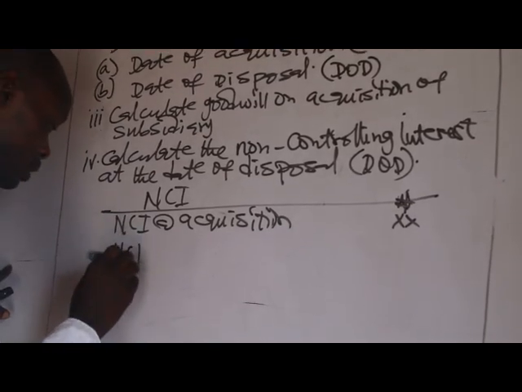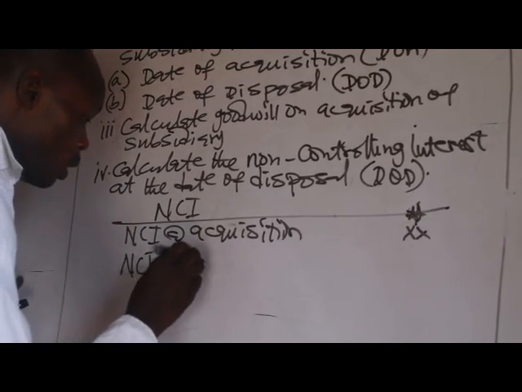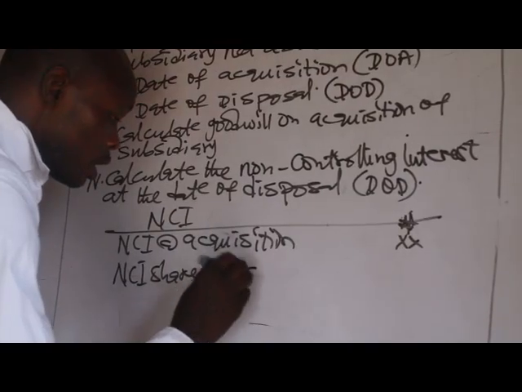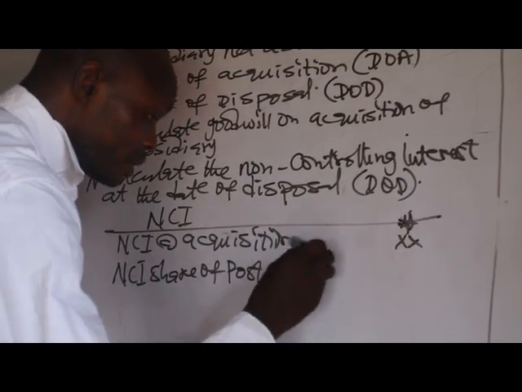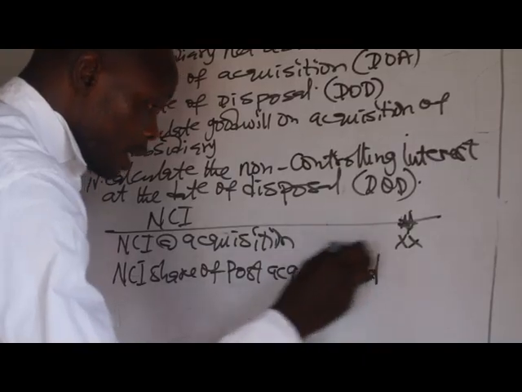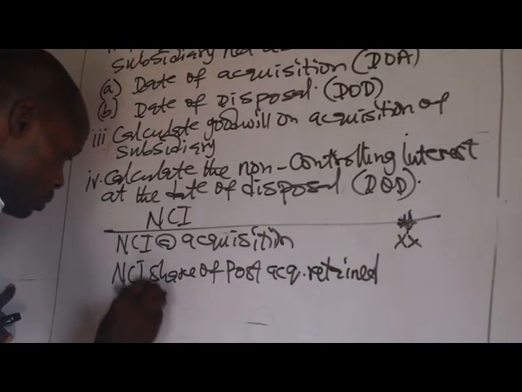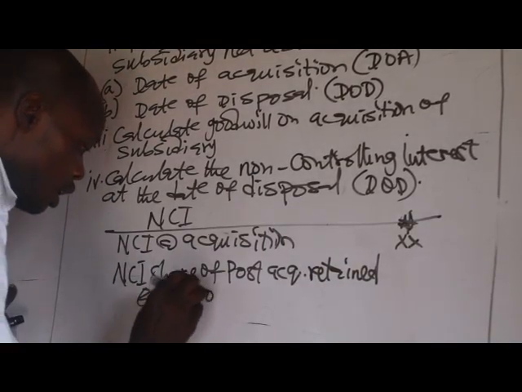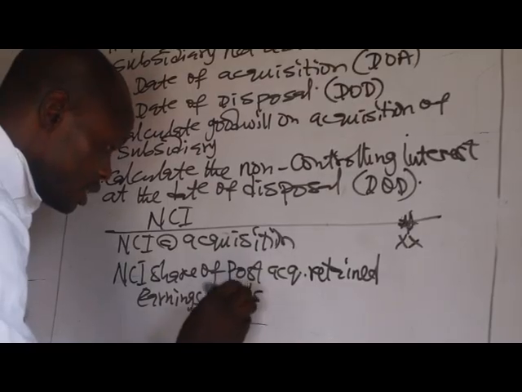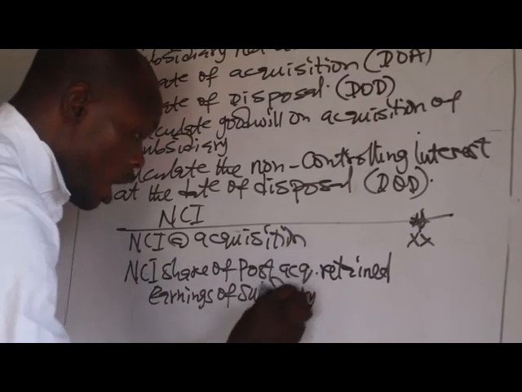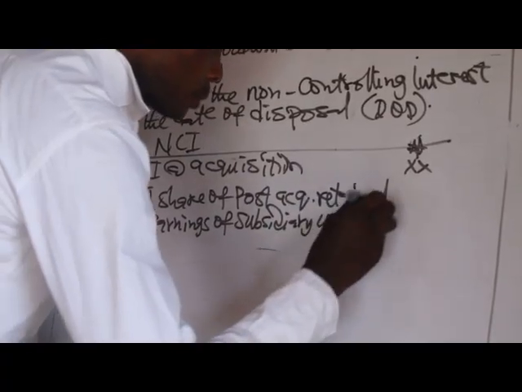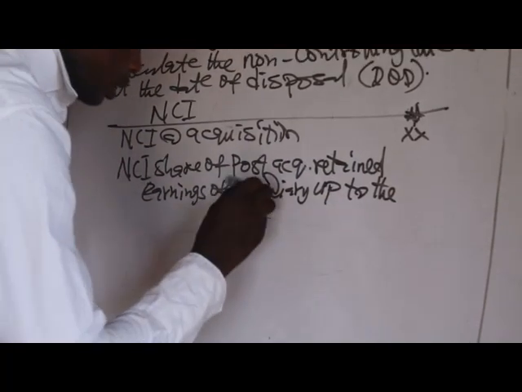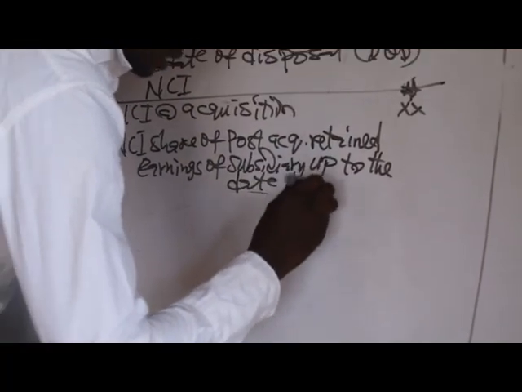Then add NCI share of post-acquisition retained earnings of the subsidiary up to the date of disposal.